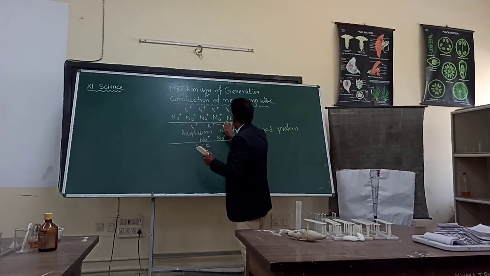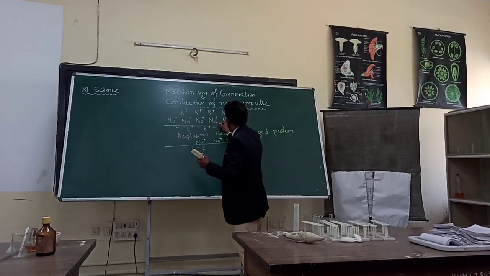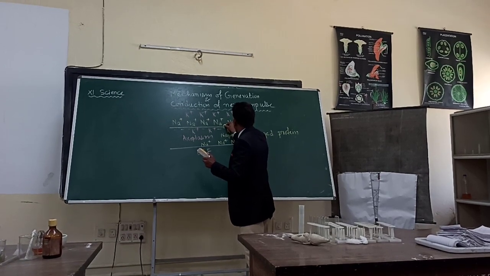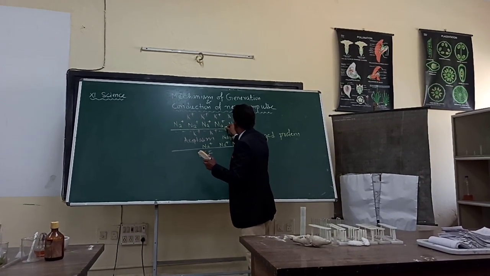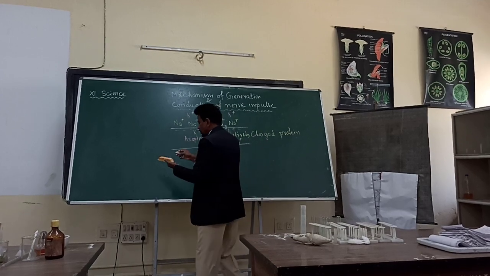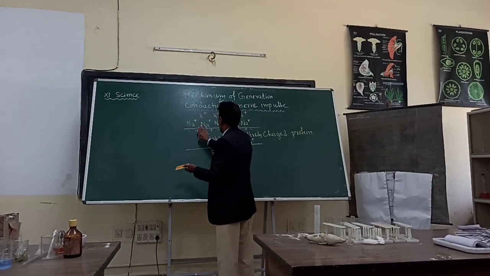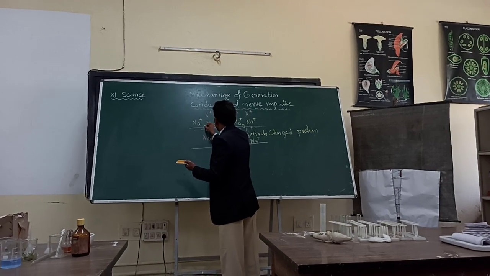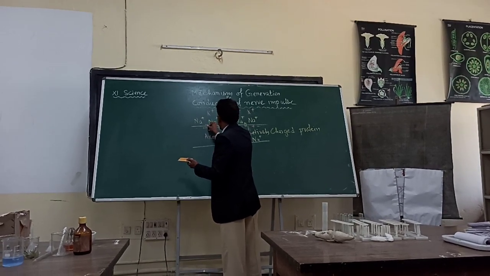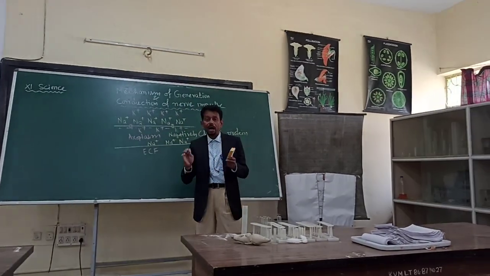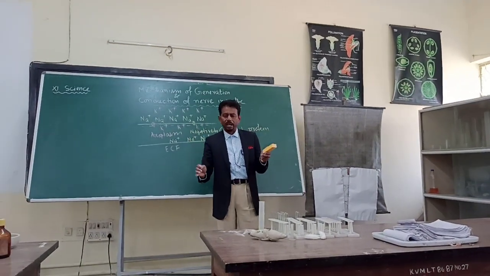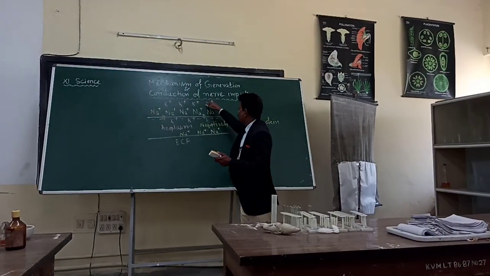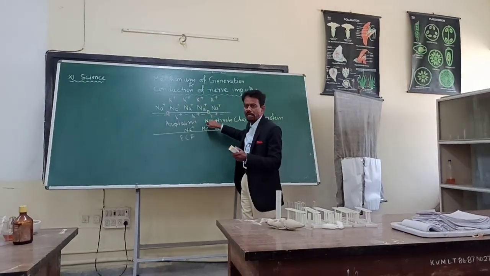These ion channels are present within the membrane. Suppose this is one ion channel, this is another ion channel I am drawing here, another ion channel. Through these ion channels the ions will exchange from outside to inside or from inside to outside.